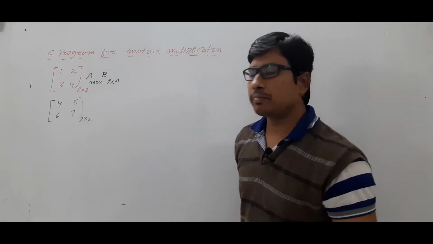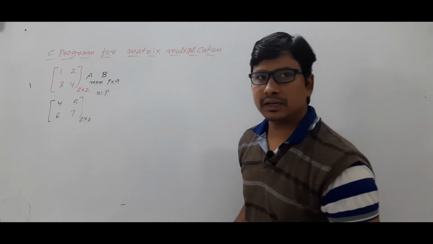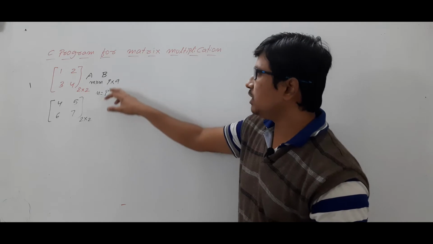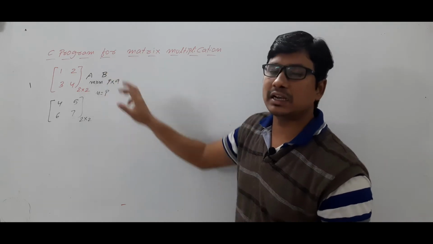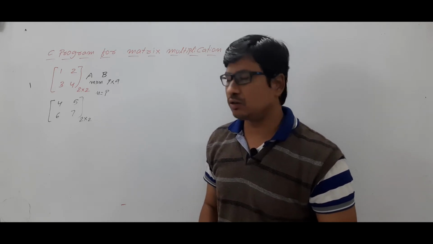Matrix multiplication can be performed only if n is equal to p, meaning the number of columns in matrix A should be equal to the number of rows in matrix B. Then only the matrix multiplication is possible, otherwise it is not possible.